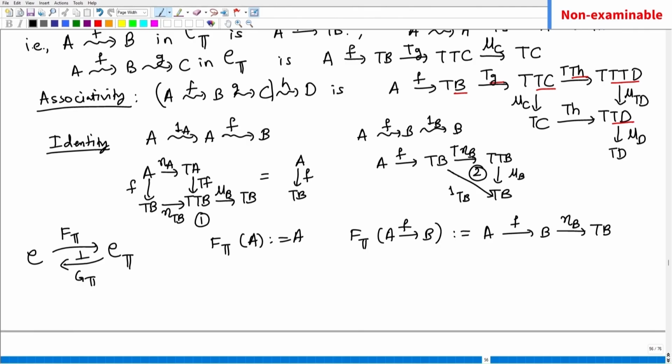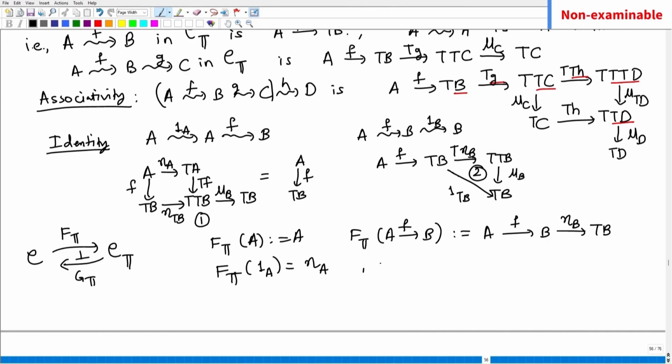Then perhaps you should also verify whether FT is really a functor. So FT of identity is actually eta B, eta A, and eta A is the identity in CT. Then FT of composition, well, I will leave it as an exercise. FT preserves compositions. Please do that. Or maybe for the sake of completeness, let me do that.